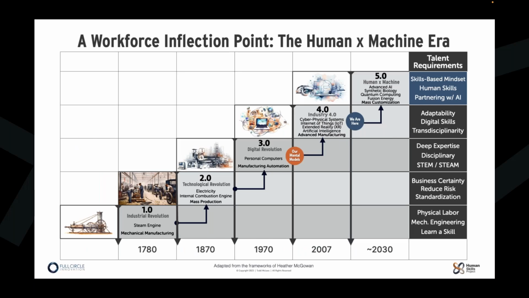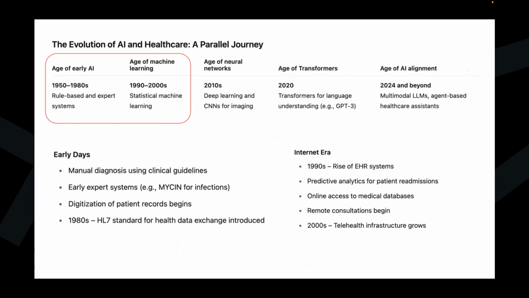So as everyone says, AI will not replace humans, but it will replace the humans who are lagging behind when they try to employ AI in their own workflow. So that's why the talent requirements change, given the inflection point that we are experiencing for the last few years.